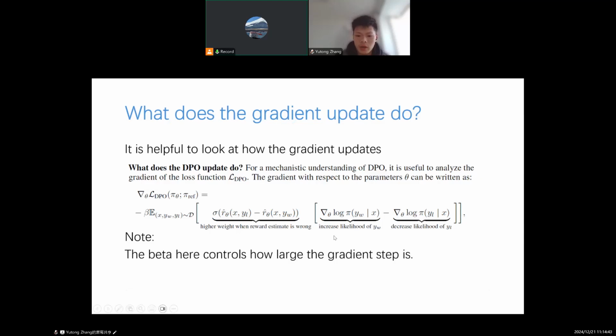And the first part here increases the likelihood of getting the same answer as the reward model, and here is a decreased likelihood of the negative example, right? And we can see there's a hyperparameter here called beta, and it controls how large the gradient step is.